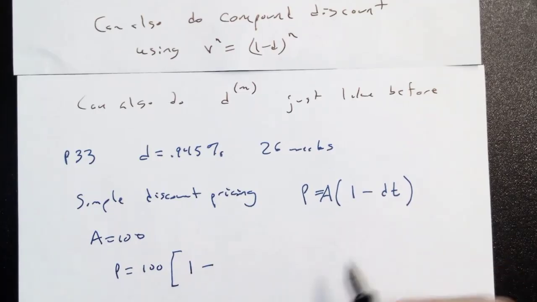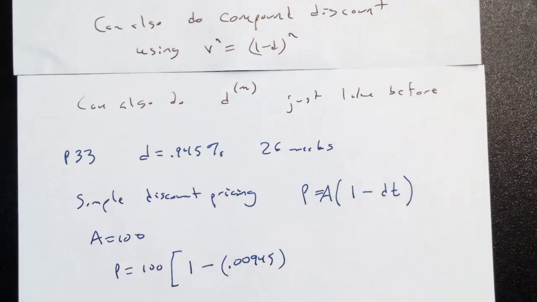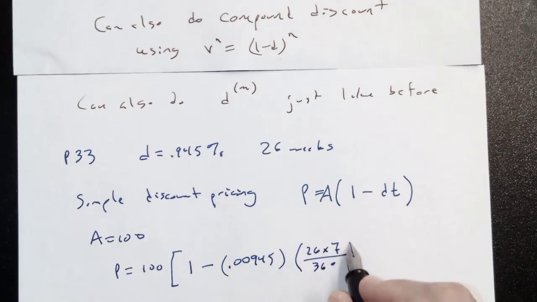Discount rate is 0.00945 because I converted from percent to decimal. But then I need the time. 26 weeks, 26 times 7 days out of a 360-day year. I want you to give me this number to 6 decimal places.